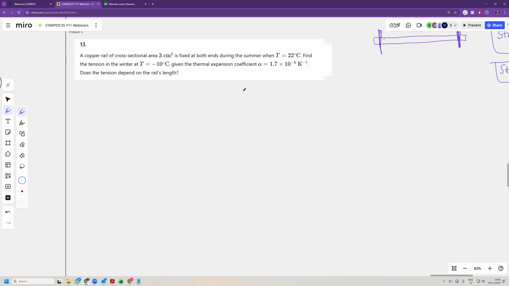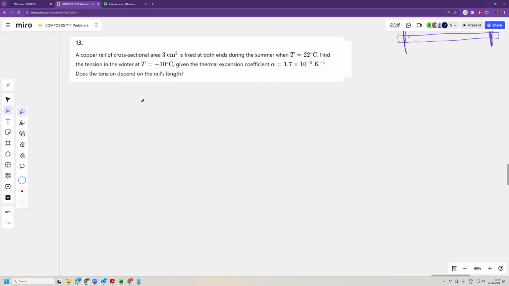All right, so here we have a rail, cross section A, some 3 centimeters squared, fixed at both ends during the summer when the temperature is 22 degrees. Find the tension in the winter.